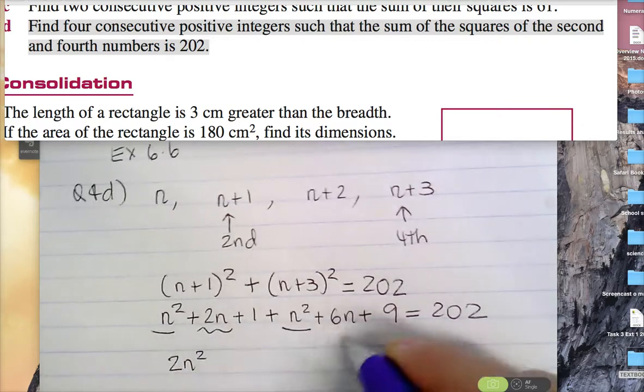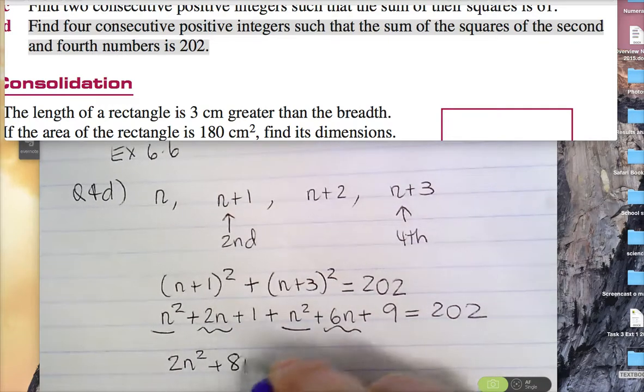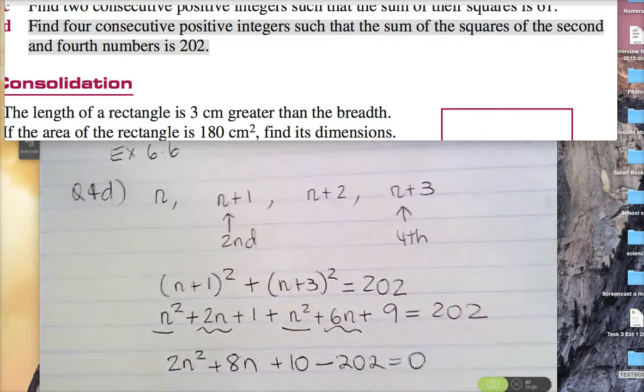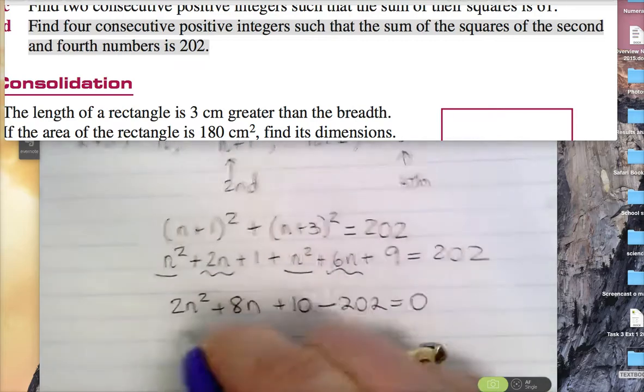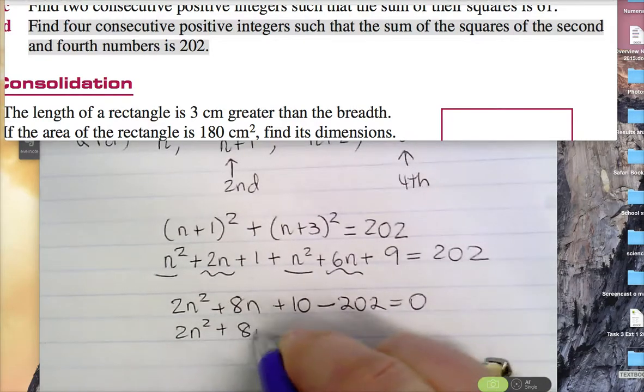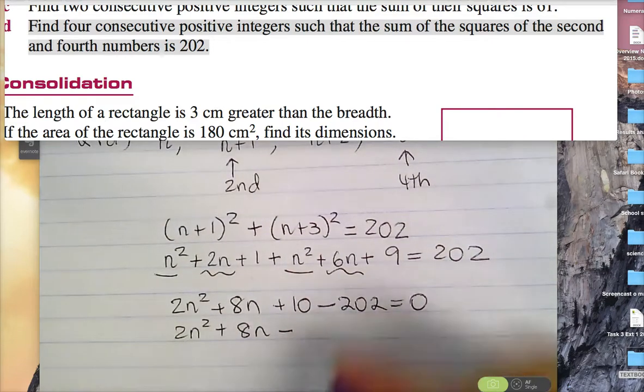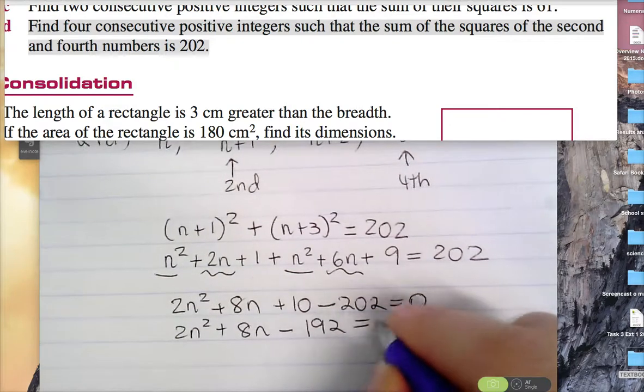What about the n's? Plus 8n plus 10 minus 202 equals 0. Girls, so we've got 2n squared plus 8n minus 192 equals 0.